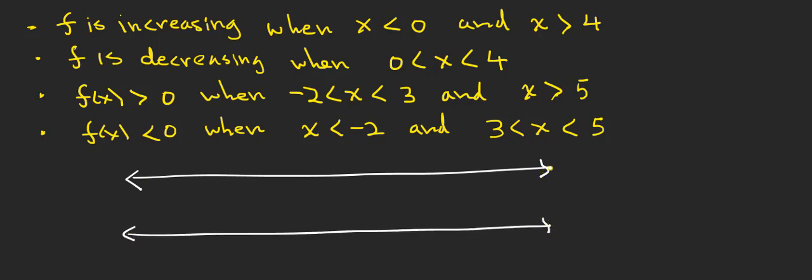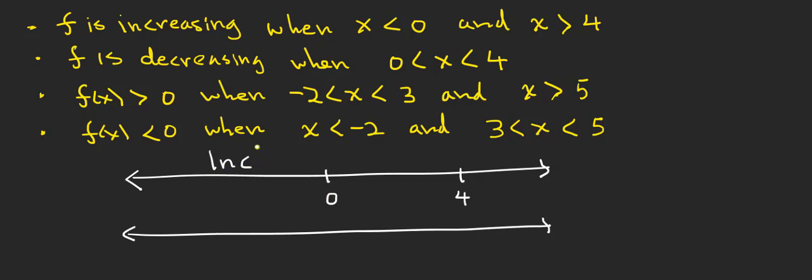The first one will give us a summary of when f is increasing and decreasing. The second one will give us the summary of when f of x is above and below the x-axis. So notice, let's put 0 and let's put 4. Make sure to draw them in order. So f is increasing when x is less than 0.